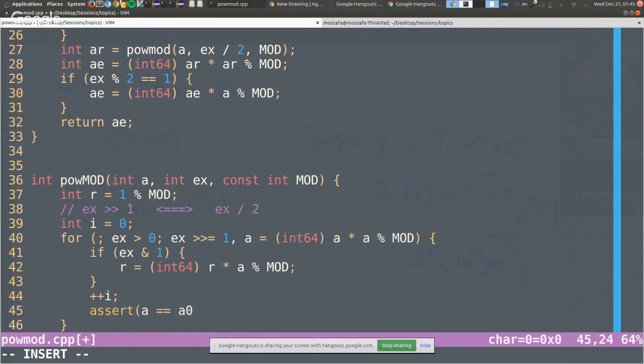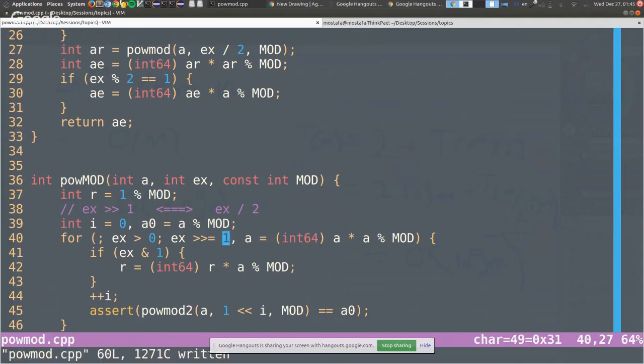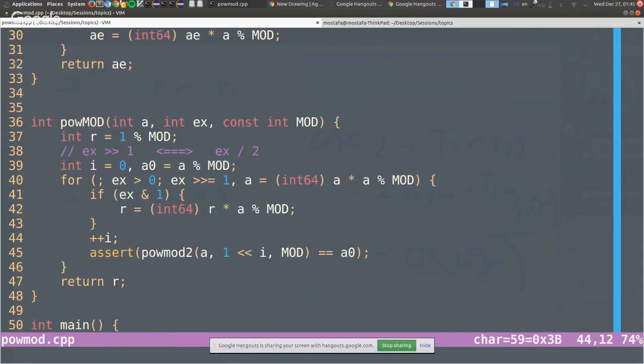Now a is equal to the first a, so this is the original a that we have.